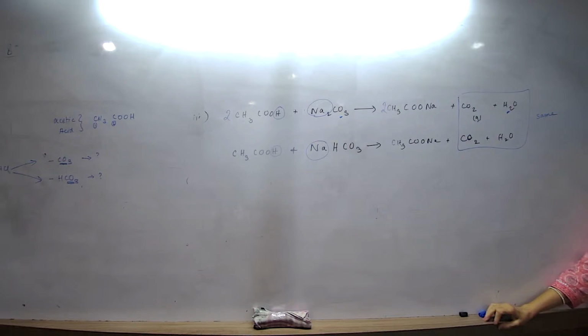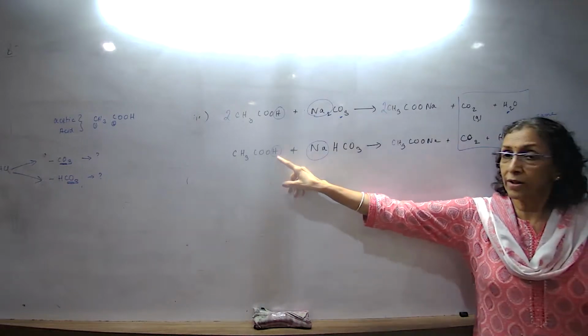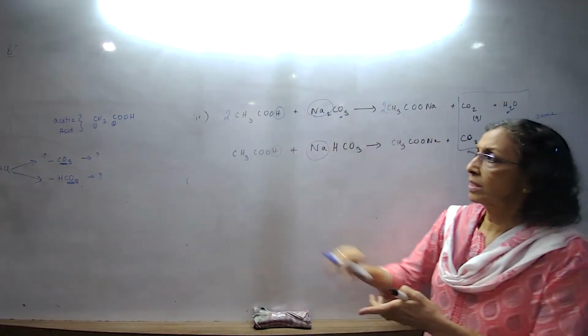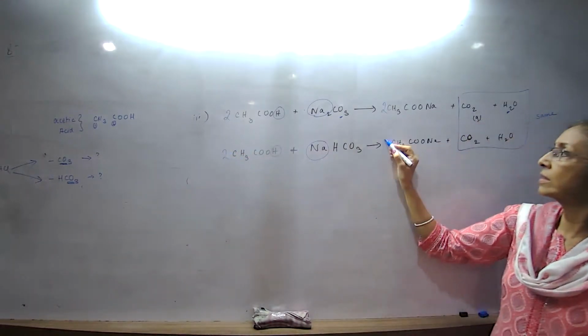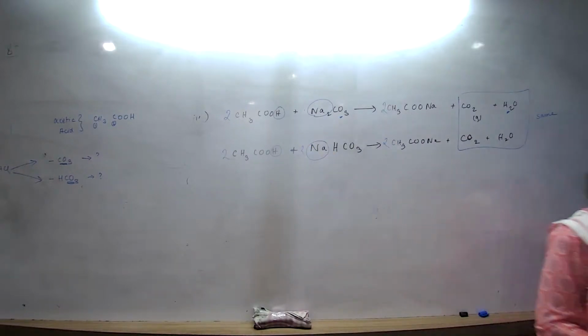Is it the same? Yes. Is it balanced? No. 2 hydrogens, no? So here only 1 hydrogen is released. So what happens? We need to take 2 of this, 2 of this, and also 2 of this.